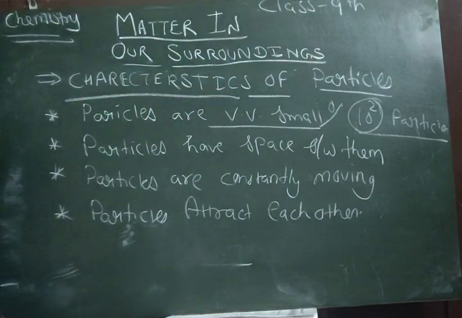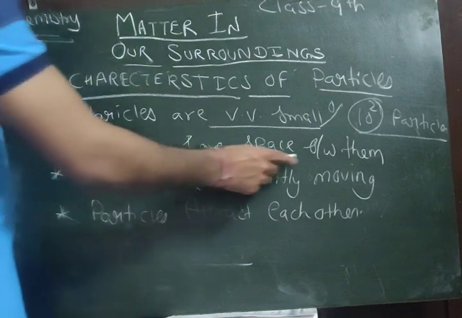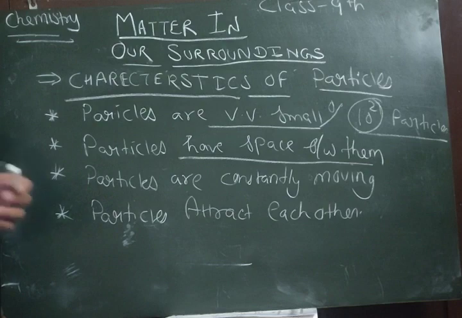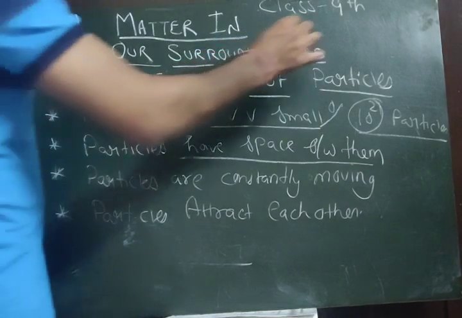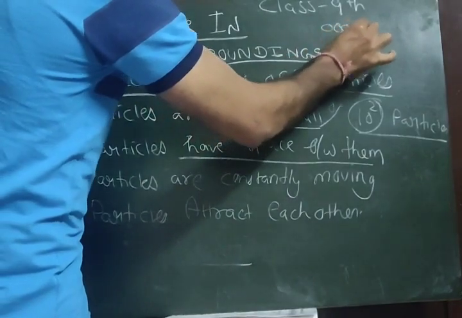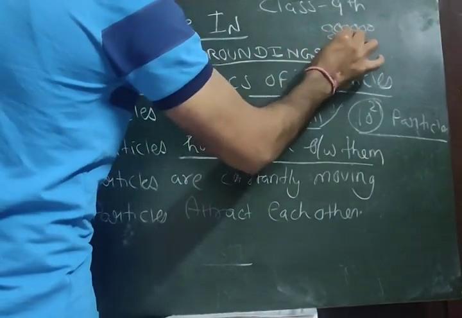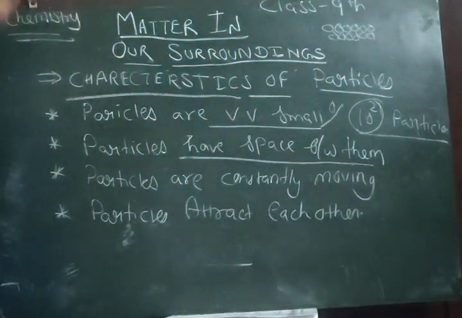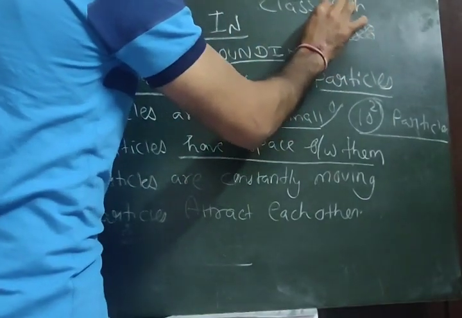The next one is, the particles of matter have space in between them. There is a question: we have already discussed solids, and we always arrange them in such a way that there is no space in between them. But yes, there is a space, but the space is very little.